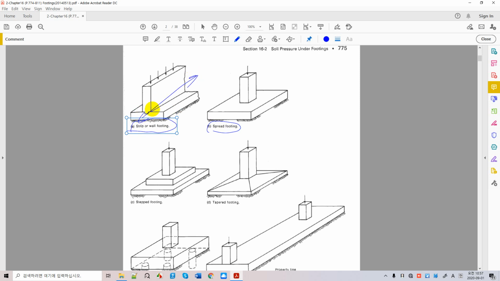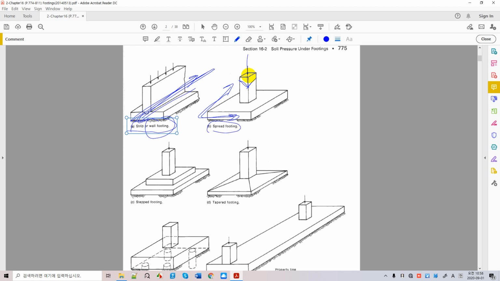It's like a one-way slab, whereas we have a two-dimensional foundation here, which is similar to a two-way slab. The wall foundation is installed along the long walls, and the spread foundation is designed and installed for supporting one column, which receives a vertical load as well.